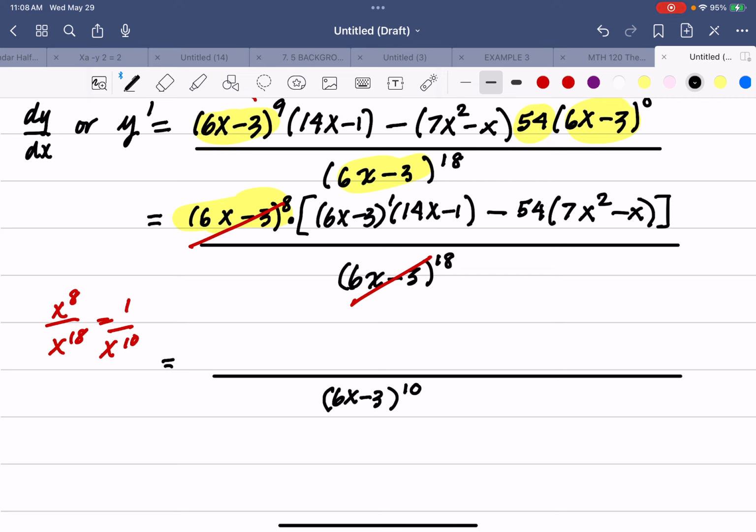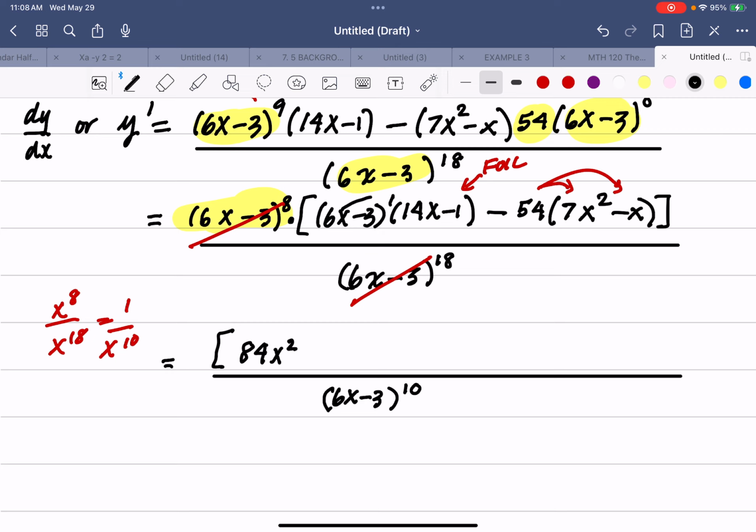FOIL here and distribute here. Okay, so I'm going to pull this first part out. 6 times 14, so 84x squared. Remember what I'm doing here.